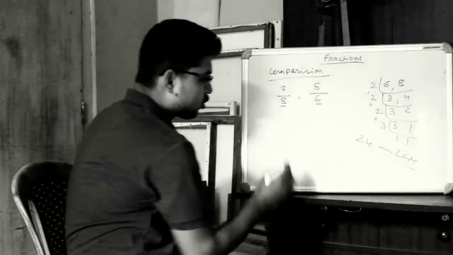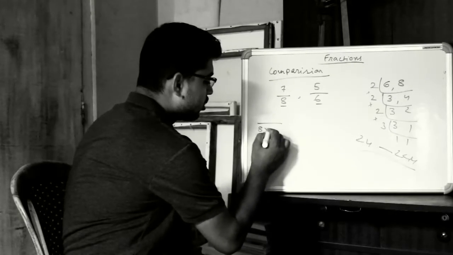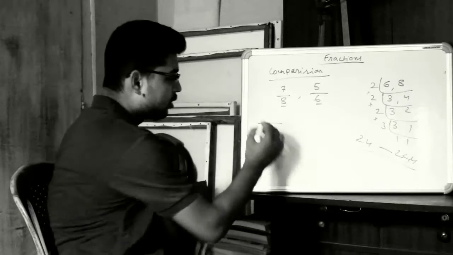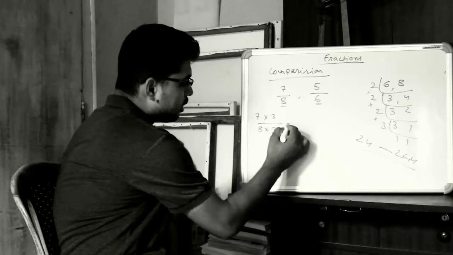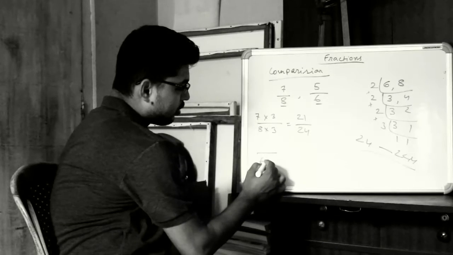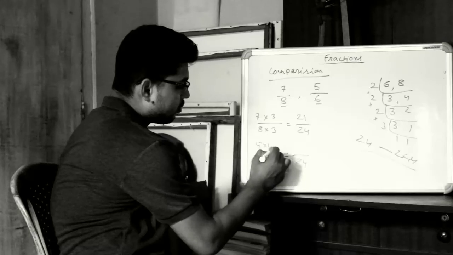So make the denominator the LCM. 8 into 3 you will get 24. So downside 3 means upside also 3: 7 into 3 is 21. And here 6 into 4 you will get 24, and upside also 5 into 4 is 20.